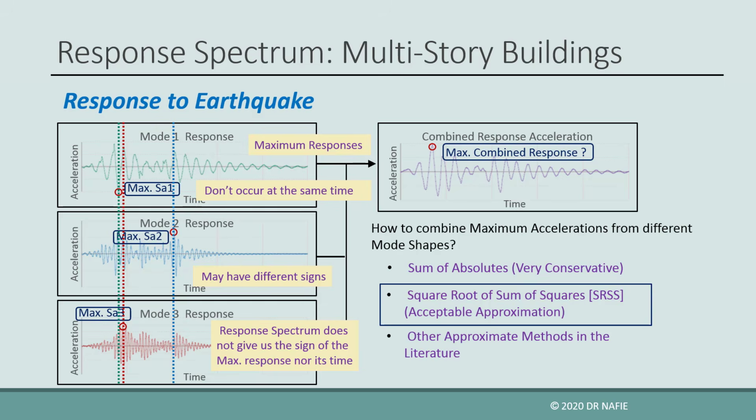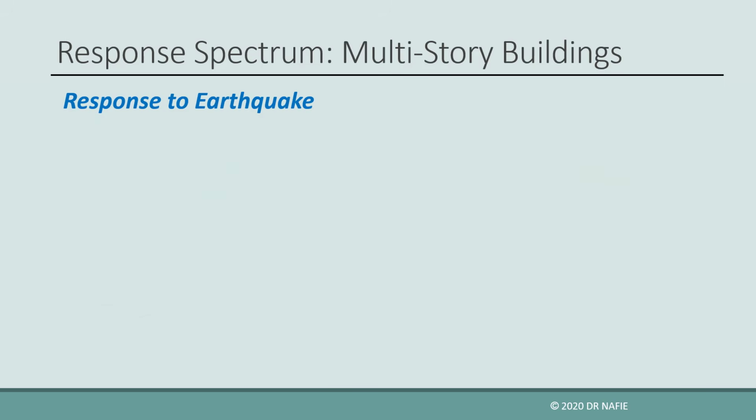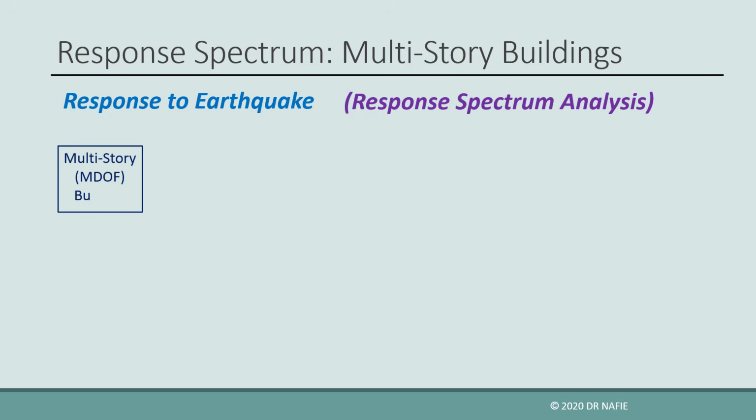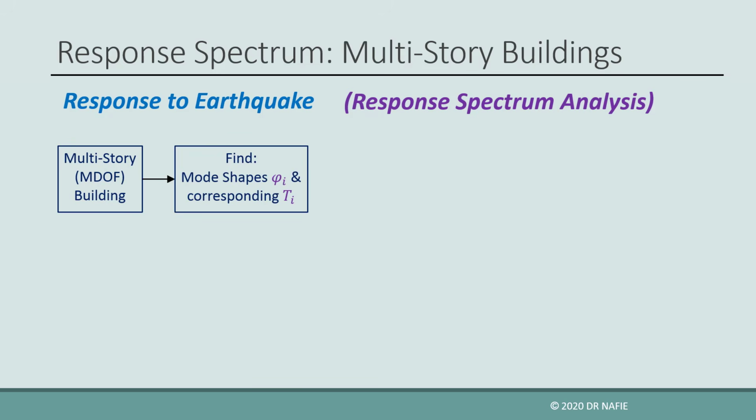The steps required to analyze a multi-story building using response spectrum can be summarized as follows. First, we obtain the mode shapes for the building and the natural time period corresponding to each mode shape. Next, using this information, we can calculate the participation factor tau i for each mode.